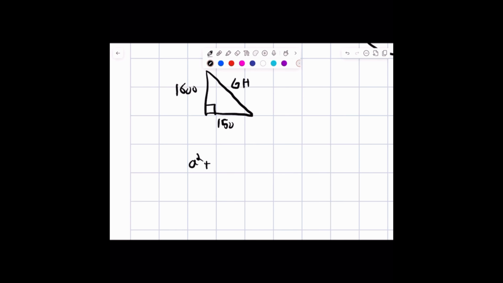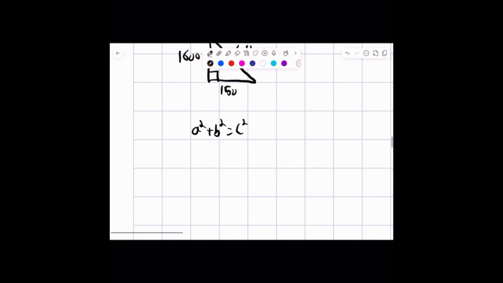It's a squared plus b squared is equal to c squared. So 1600 squared plus 150 squared. A and B are the legs of the triangle. The hypotenuse is the longest side no matter what.